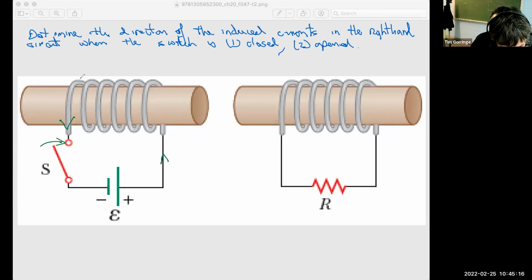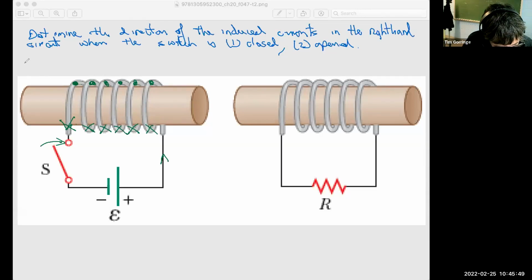So if we think about how the current's orientated on the solenoid, it's coming out of the screen at the top. I'll put a bunch of dots up here to indicate that. And it's going into the screen at the bottom of the solenoid. I put a bunch of crosses down here. And I'm going to curl my fingers of my right hand such that they come out of the screen at the top and they go into the screen at the bottom below the solenoid, and my thumb is pointing towards the right.